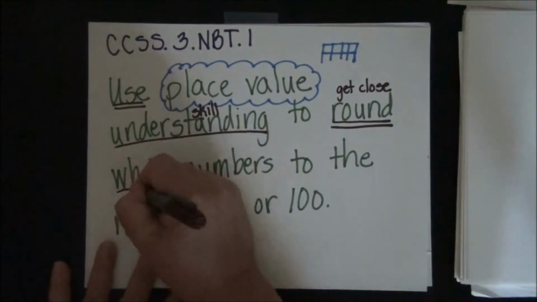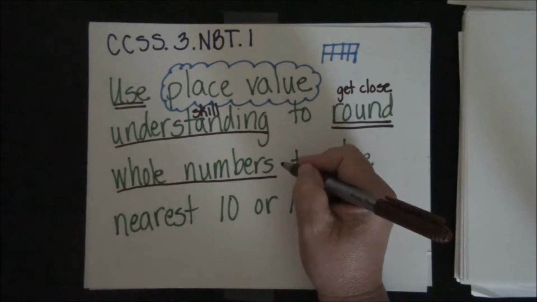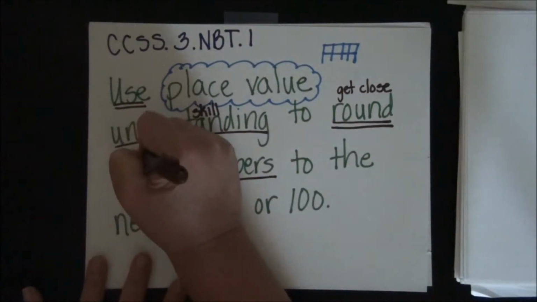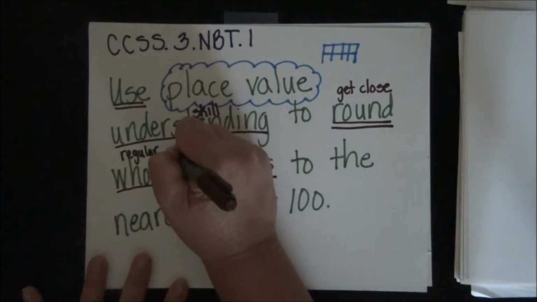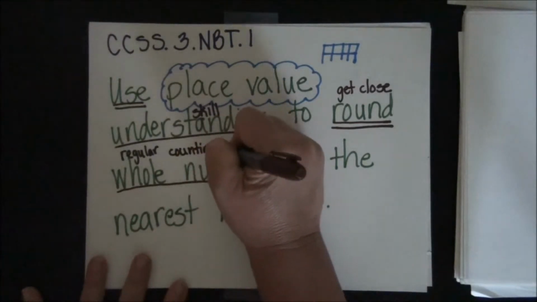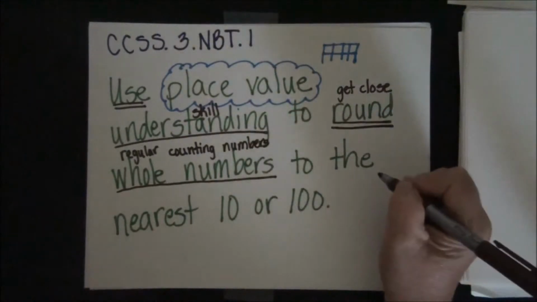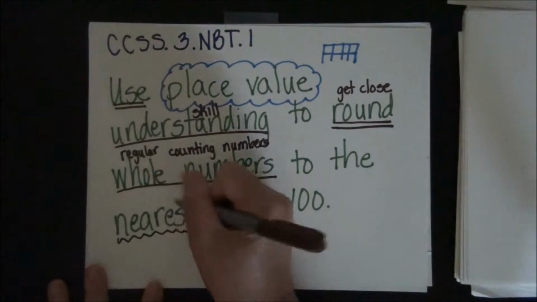Okay, whole numbers, those are your regular counting numbers. They're not fractions, they're not decimals. These are your regular counting numbers: 1, 2, 3, 4, 5, 117, 118, 119. Those regular counting numbers, they're whole numbers. Okay, to the nearest, this is an adjective.